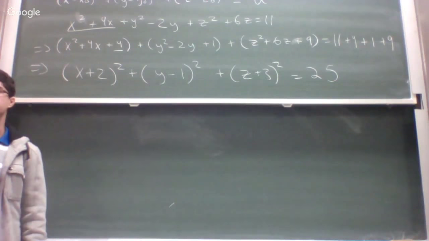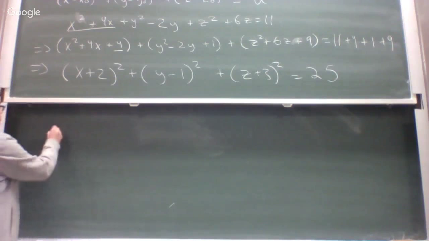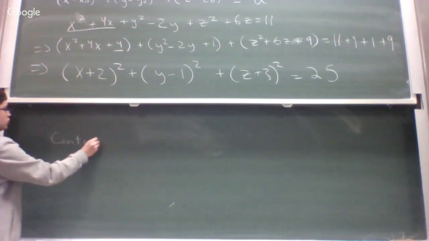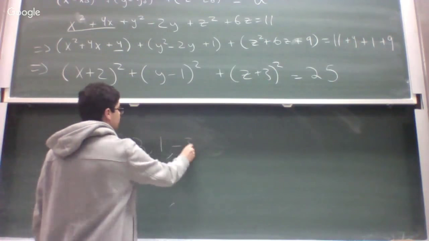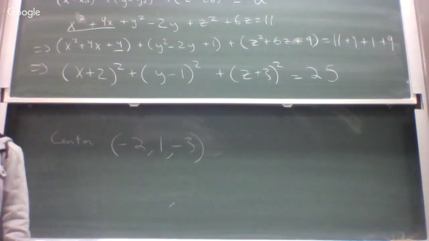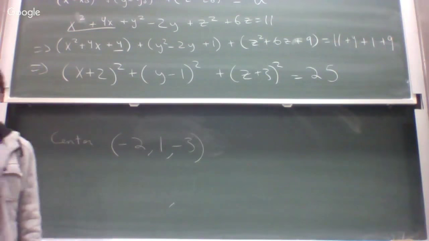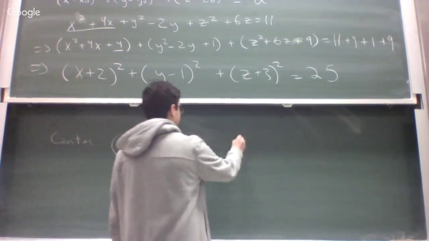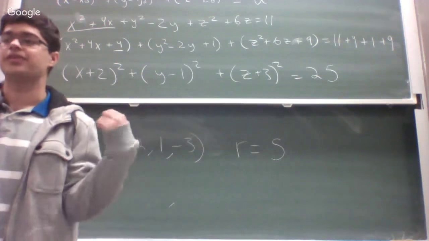Okay. So what would our center coordinates be? Yep, -2, 1, and -3. Okay. And what would our radius be? 5. That should be really basic, right?